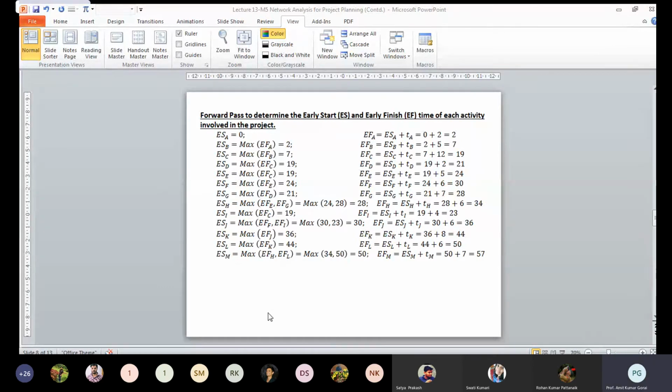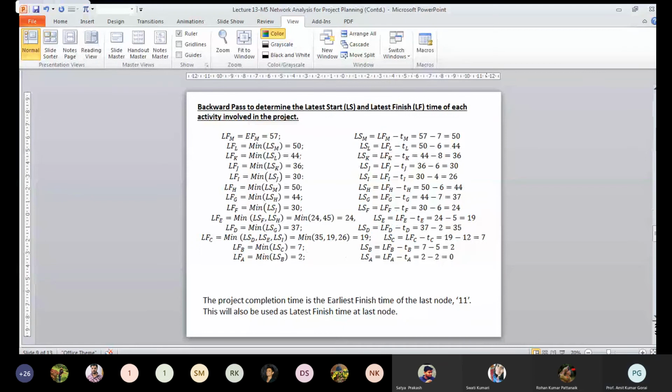If you see the backward pass, when there is a single activity, we can directly put the late start time as the late finish of that.